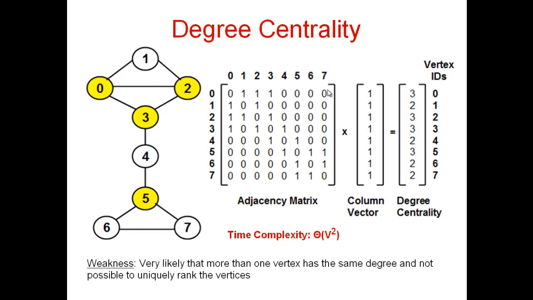What we do is, we have the adjacency matrix of the graph, and you all know how to get the adjacency matrix. You have 1 if there's an edge between two vertices. If there's no edge, the entry is a 0. So 0 has an edge to 1, 2 and 3, and no edge to 4, 5, 6 and 7. That's its entry for the adjacency matrix.